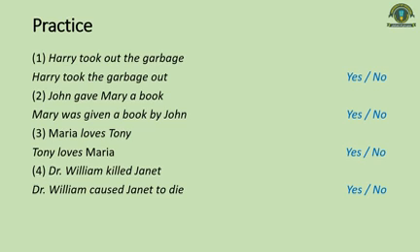Now look at the first one: Harry took out the garbage; Harry took the garbage out. Number 2: John gave Mary a book; Mary was given a book by John. Number 3: Maria loves Tony; Tony loves Maria.